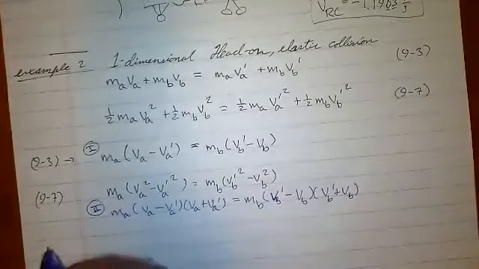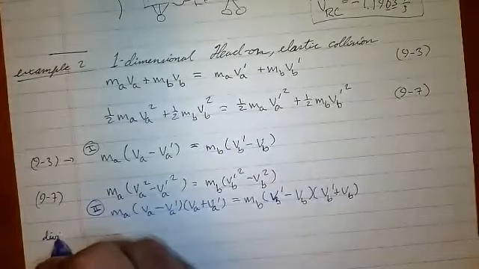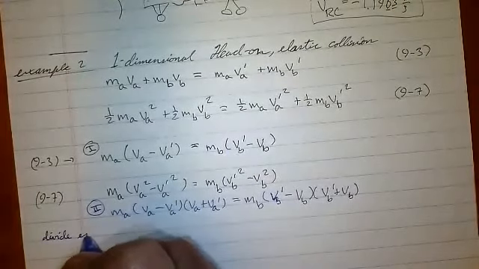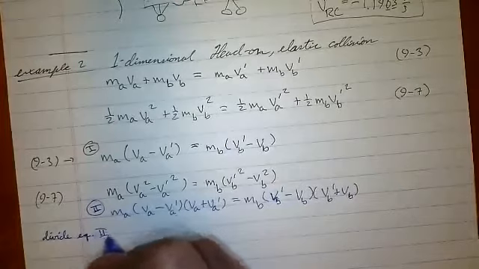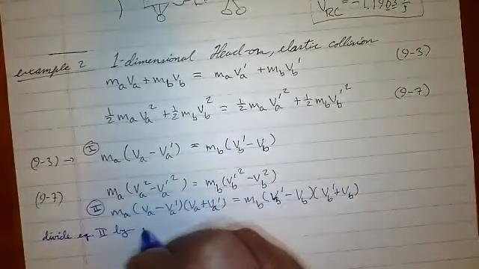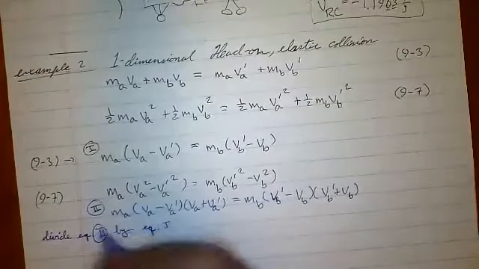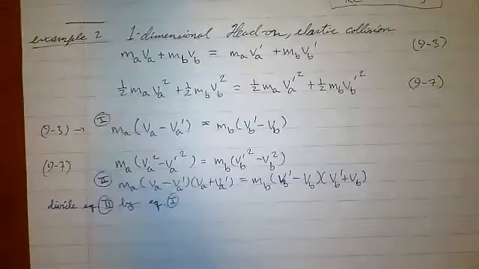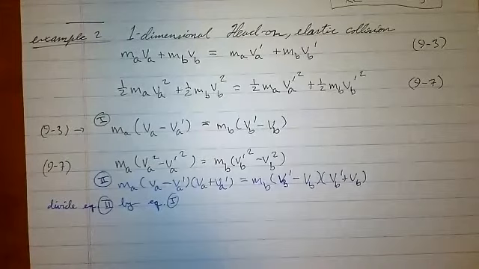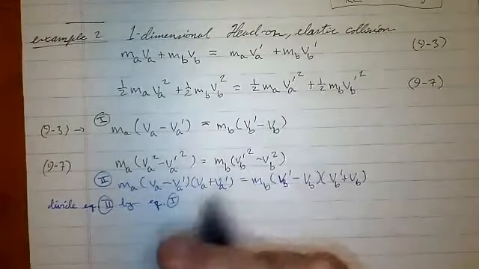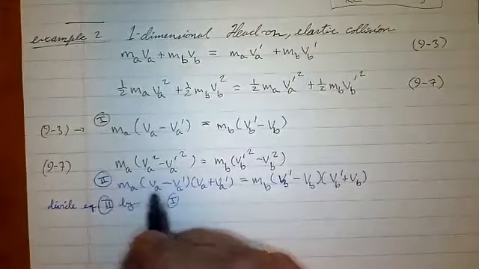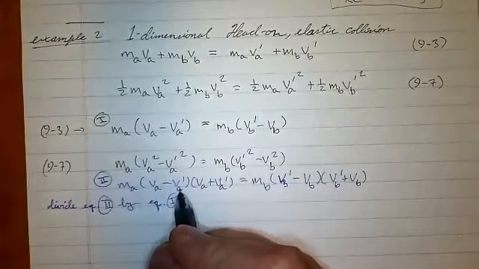And now I'm going to divide equation 2 by equation 1. Okay. And I think you can see already what happens when I do that. That's really nice because I've got a common factor of MA (VA minus VA prime).